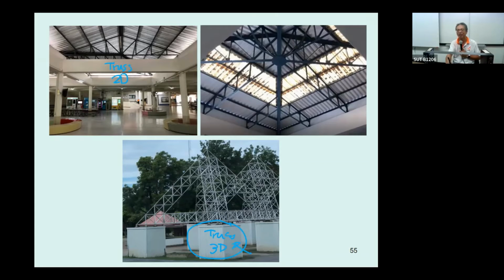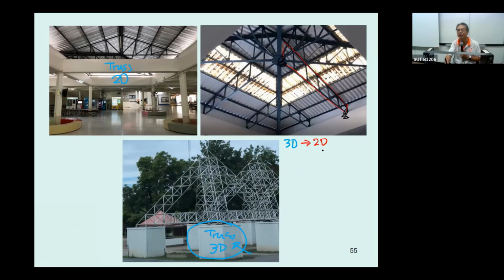But over here, this one is also a 3D truss, right? Yes, it looks like a 3D truss, but lucky, very lucky, we can reduce this one to a 2D truss. For example, if we consider the truss here, we may take a look at this one and then start setting up. This is going to be the support.